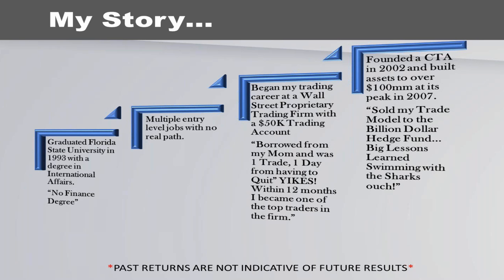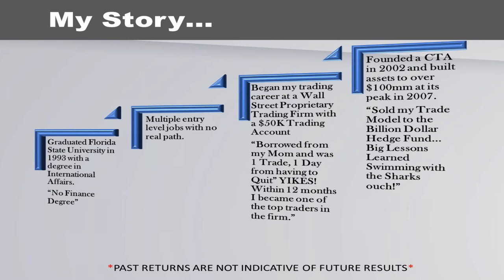From that point, I was offered an opportunity to start a CTA and manage outside people's money in the foreign exchange markets, as well as continue in the equities. And I built my CTA, Commodity Trading Advisor, in 2002. I started with $400,000 in assets from a very wealthy family, very public, very well-known family.